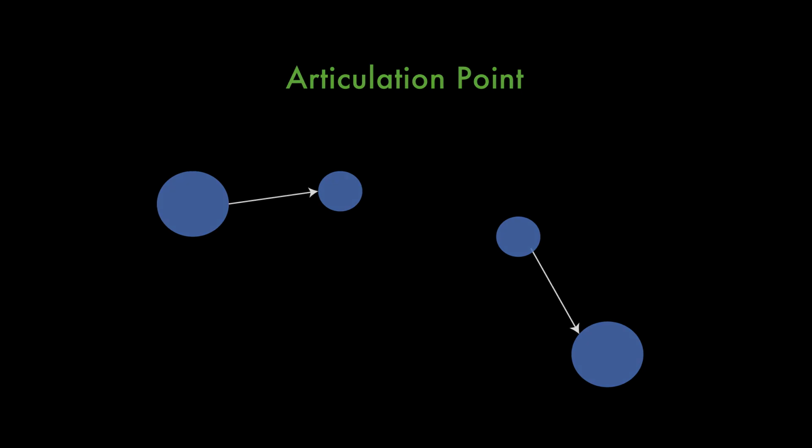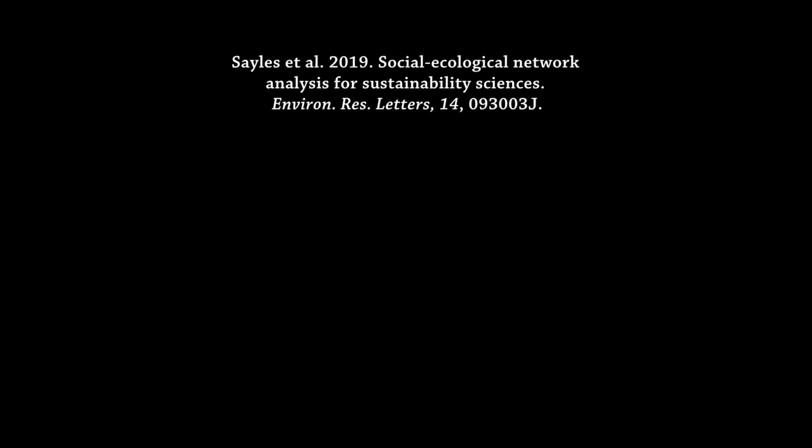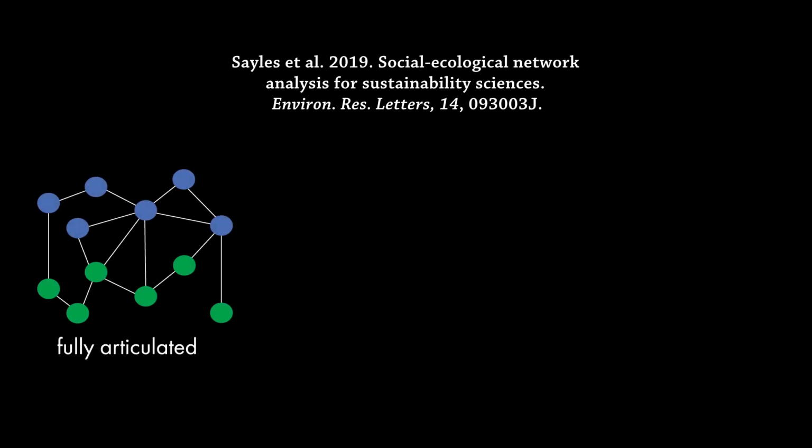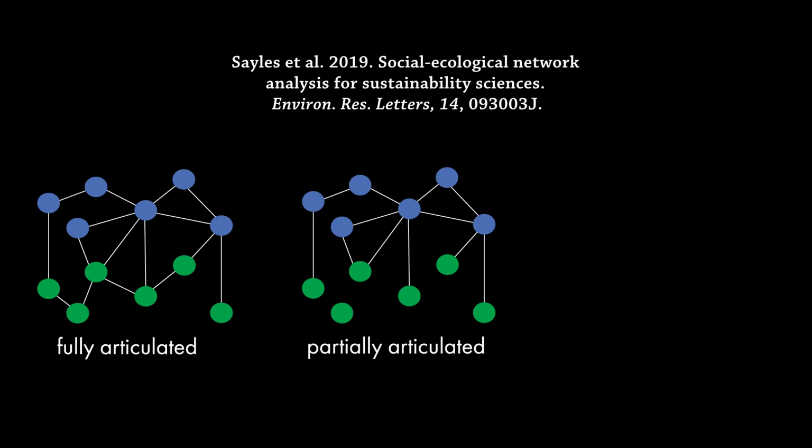It's worth noting that in studying socio-environmental networks, researcher Peter Sales refers to network articulation in terms of fully articulated, when components and their relationships are fully specified. He distinguishes these from representations in which the social, blue nodes, and environmental, green nodes, are only partially specified.